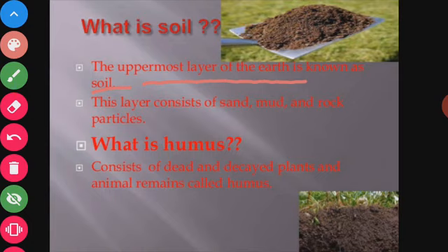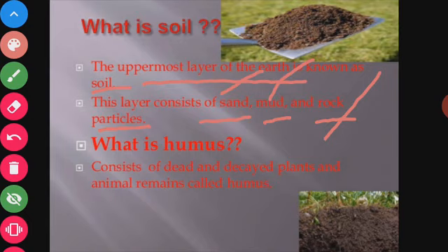It also consists of sand, mud, and rock particles. In each and every soil, sand is present, mud particles are present, and small pebbles and rock particles are also present.